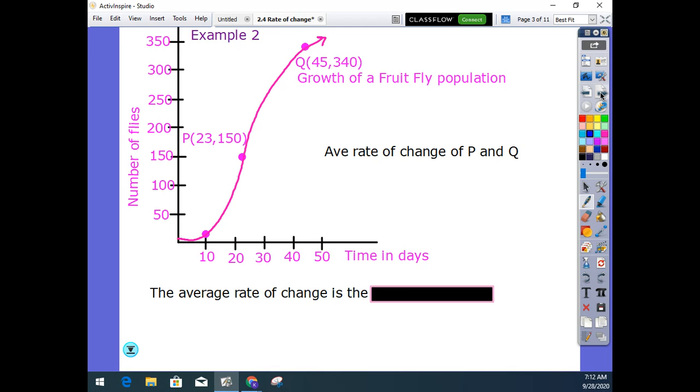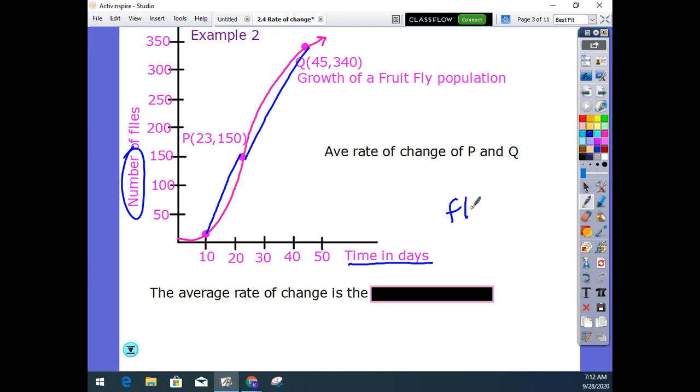Okay, so if we look at this curve, we can find the slope of 2 points just by estimating your y values and finding the slopes. Finding slopes like this. And your average rate of change, notice this is time in days, number of flies.